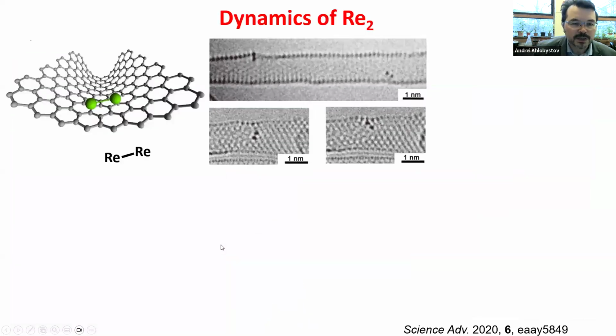So let me show you the first example, a very simple diatomic molecule. This is rhenium-2, so 2 rhenium atoms. Rhenium is a transition element from the bottom of the periodic table, very important in catalysis. And this is one of these atoms that really like forming intermetallic bonds, which are quite strong. So they've been studied for about 60 years, this kind of bonds, and the result of controversy.